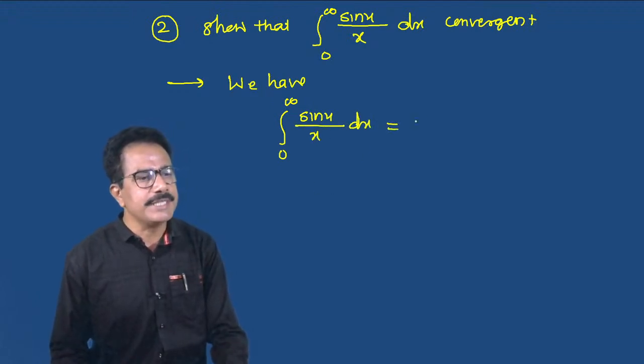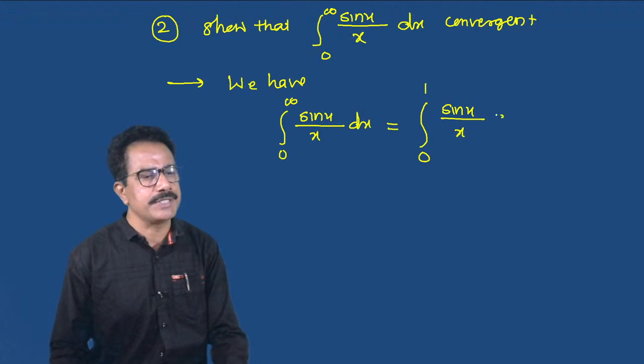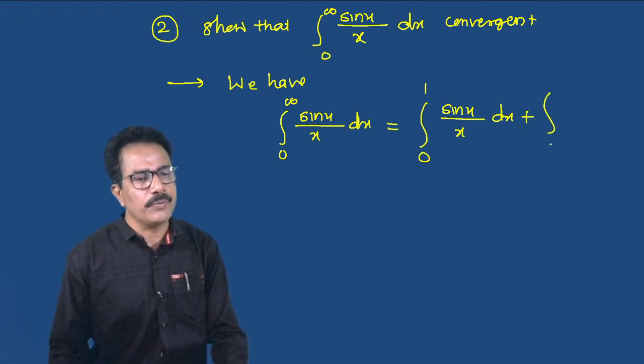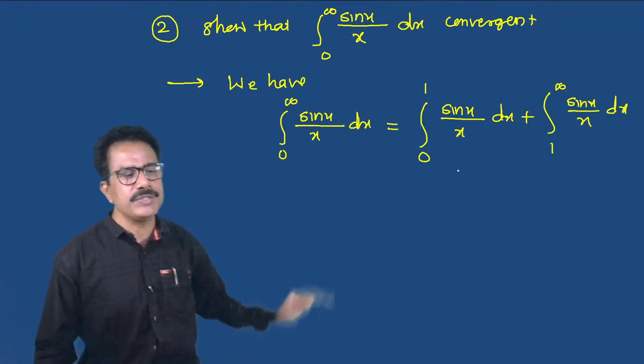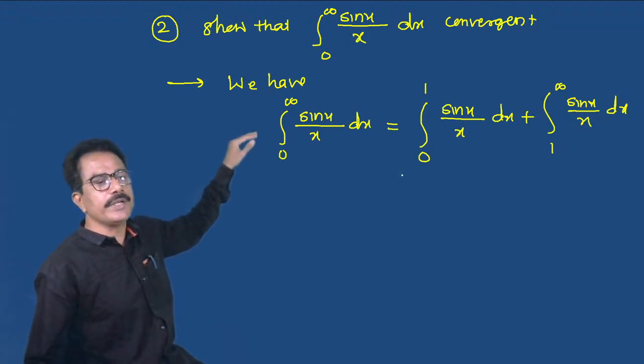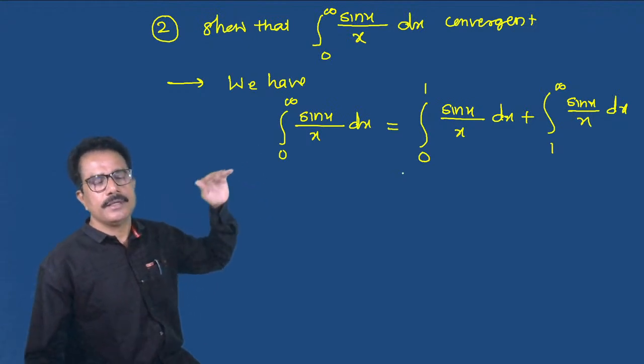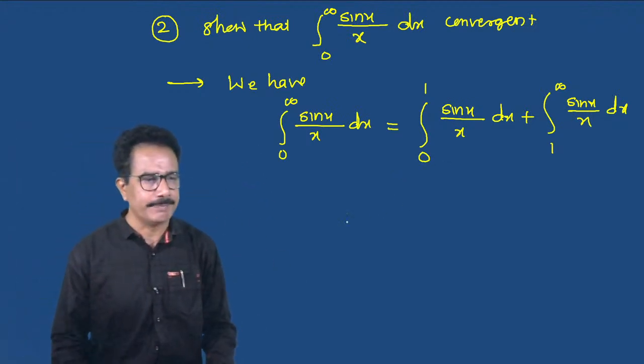We can write this as integral from 0 to 1 sin x divided by x dx plus integral from 1 to infinity sin x divided by x dx. Means we have distributed this integral from 0 to infinity into two parts, 0 to 1 and 1 to infinity.